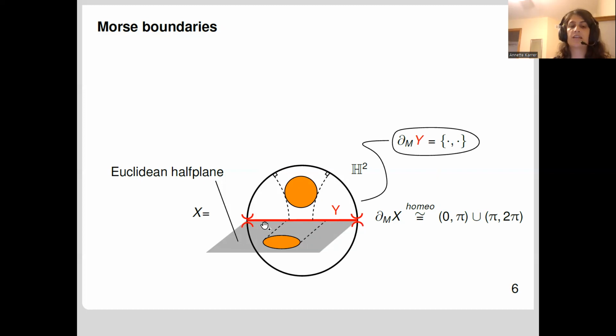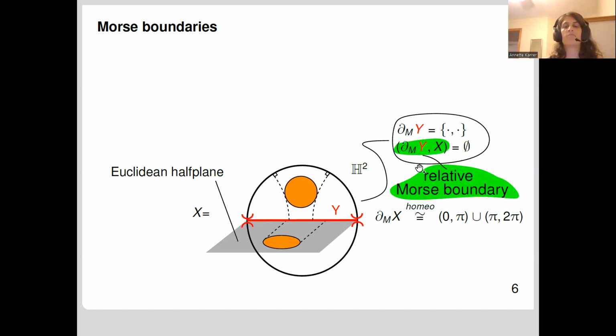But if we just study this bi-infinite line and call it Y, we see that if we forget the ambient space, the Morse boundary of Y just consists of two single points. So it is very important to understand whether we embed this space Y into the ambient space or not. And so what we say here is that the relative Morse boundary of Y in X is empty.